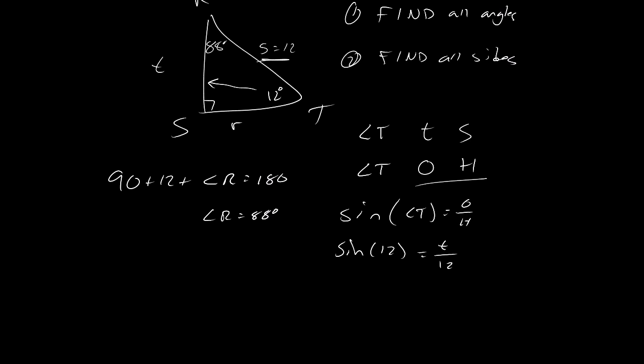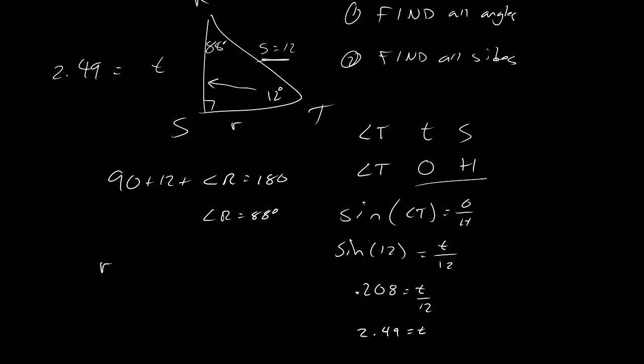Sine of 12 gives 0.208 is equal to T over 12. We multiply both sides by 12, and we get 2.49 is equal to T. So T is equal to 2.49.